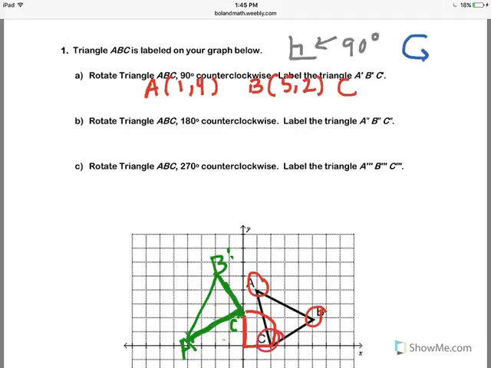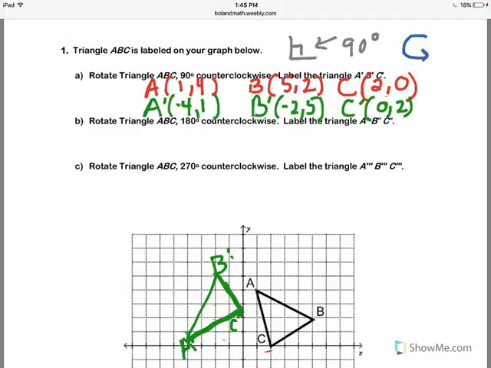And C was at 0, 2. So we can go ahead and write down our coordinates for both triangles. Okay, so then we have coordinates A prime, B prime, and C prime.